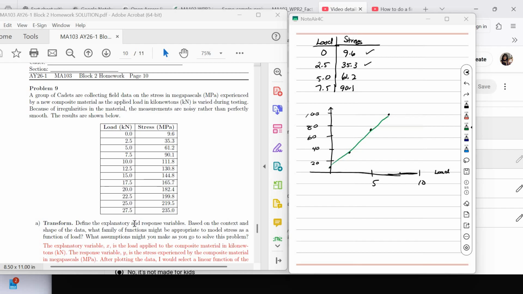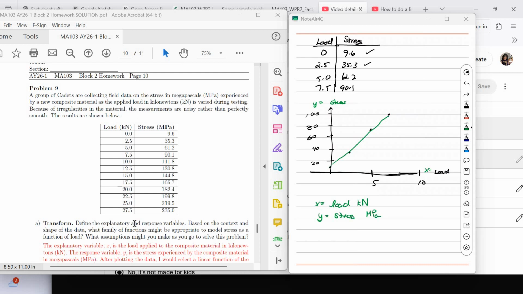And now you're asked to define those variables. So in green here, let's put y is stress, x is load, and I'm going to put x is equal to the load and put the units in kN, and y is stress in MPa.